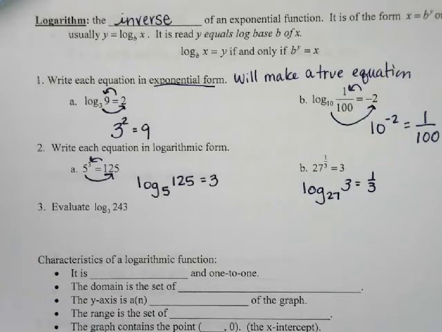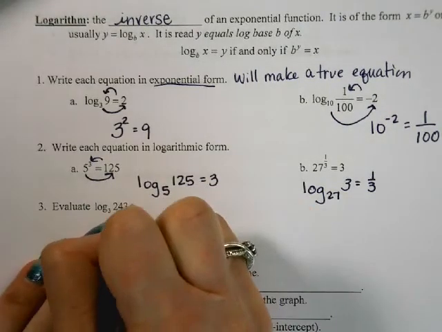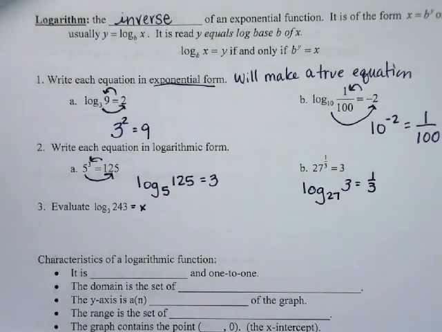Okay, number 3 says evaluate log base 3 of 243. Okay, we can do this. Let's just set this equal to x. I feel that you guys are more comfortable in exponential form because that's something you're used to.